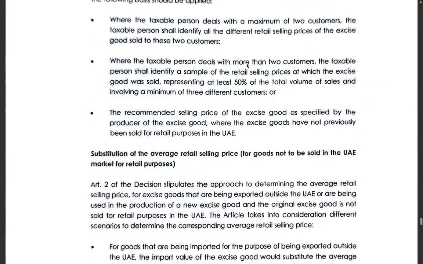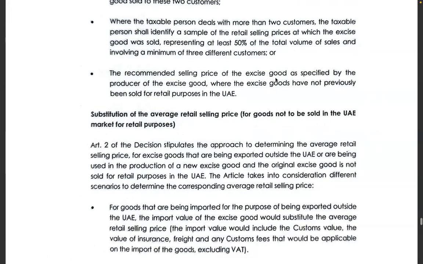Where the taxable person deals with more than 2 customers, the taxable person shall identify a sample of the retail selling prices at which the excise good was sold, representing at least 50% of the total volume of sales and involving a maximum of 3 different customers, or the recommended selling price of the excise good as specified by the producer of the excise good, where the excise goods have not previously been sold for retail purposes in the UAE.